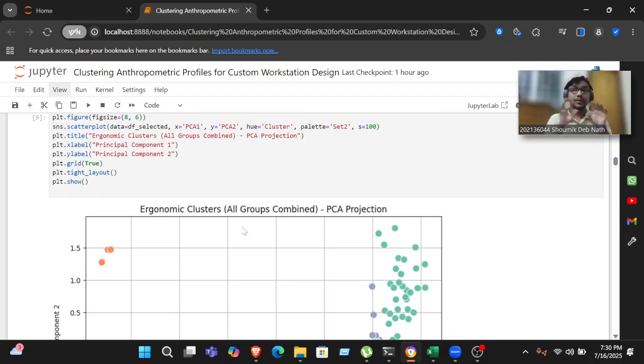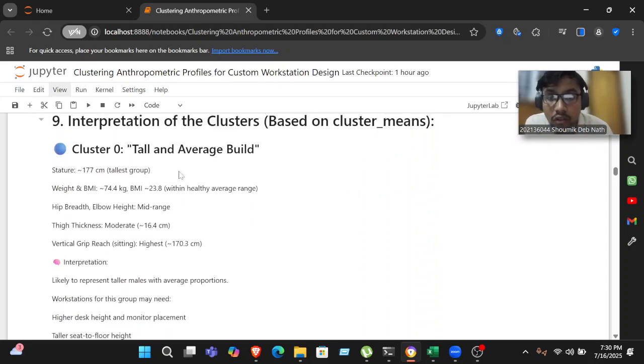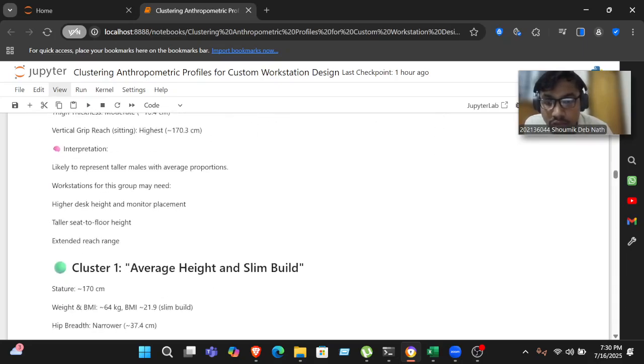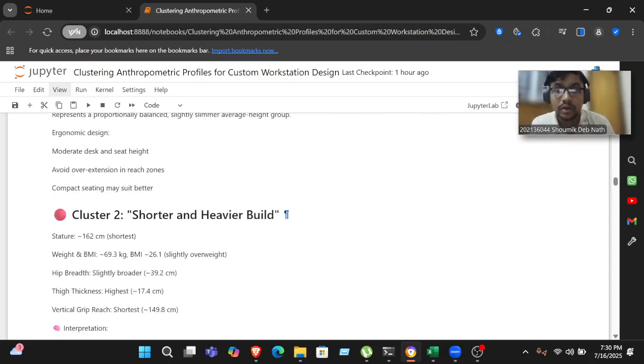Cluster means the similarities in the data sets. In my case, cluster 0 is based on tall and average build. Cluster 1 is based on average height and slim build. And cluster 2 is based on shorter and heavier build.